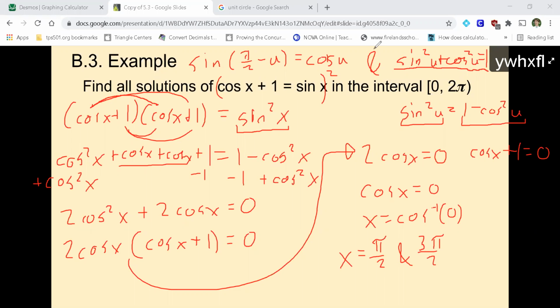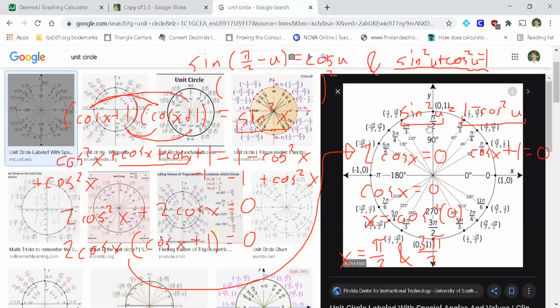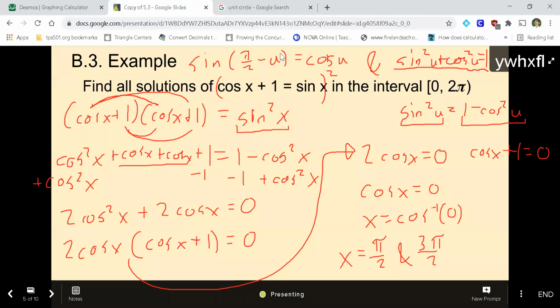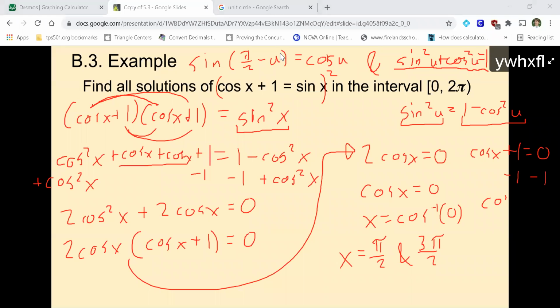Again, cosine of an angle gives us the x value on the unit circle, and x is 0 at pi over 2 and at 3 pi over 2. Over here, solve this one. Cosine of x equals -1, so x equals cosine inverse of -1.